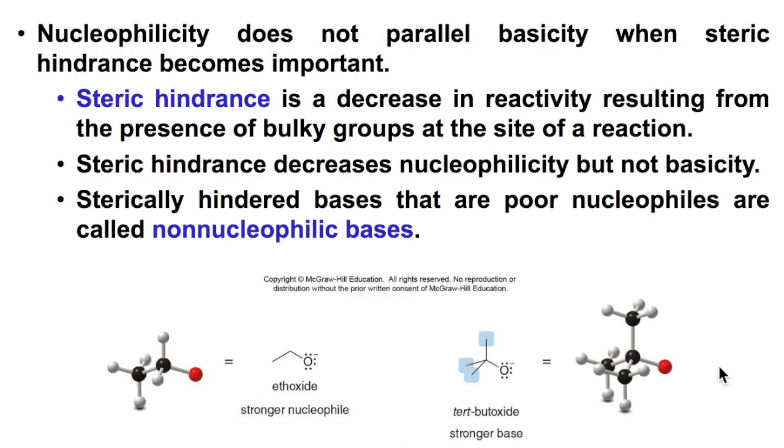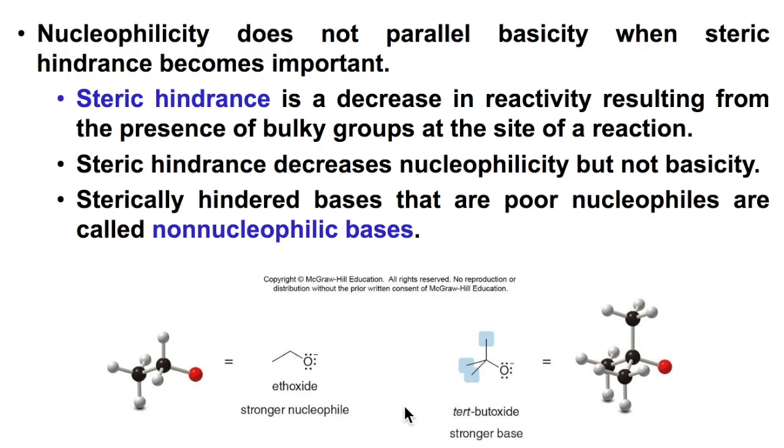However, nucleophilicity does not always go together with basicity. Let's see a couple of examples. The first one is when the molecule has a steric hindrance. Imagine that you have one ethoxide right here and this tert-butoxide.